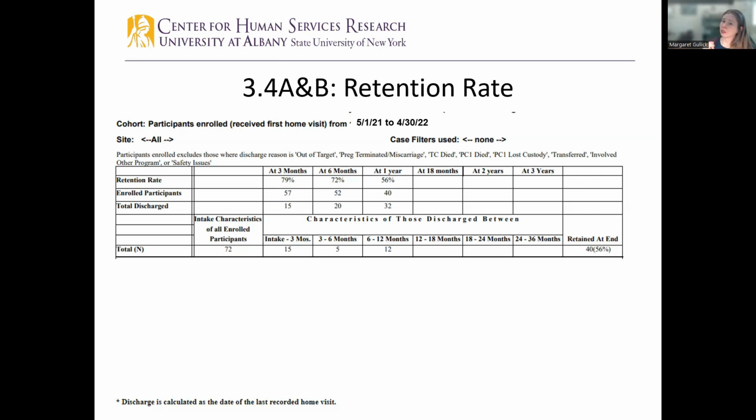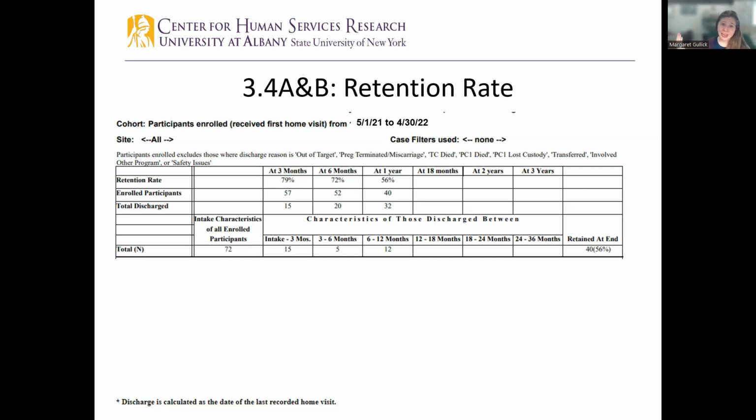We also want to note that the discharge date that we're using is backdated to the date of the last home visit. This is really how long were you retained and receiving services. So if you have a family who was getting home visits through December, and then you just could not get in touch with them, they kept canceling visits, they just weren't responding. Who knows, you put them on creative outreach, you're trying to get in touch with them, but they haven't been receiving visits since then.